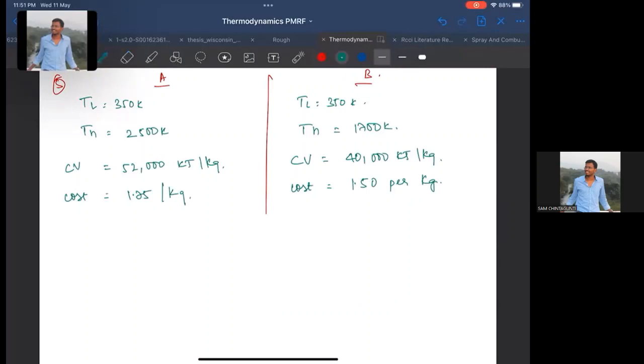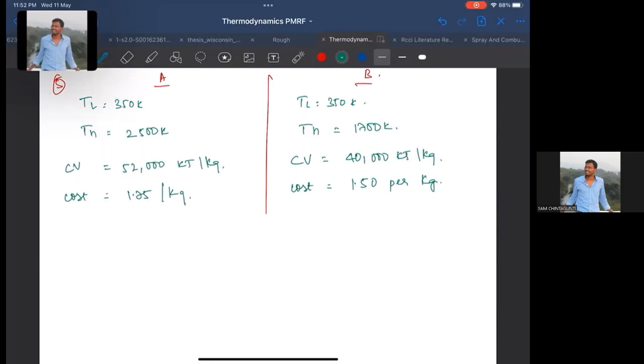All right. In the first case, in both cases, let's consider it as a Carnot cycle and find the efficiency, because without that we cannot proceed with this question. And considering both to be Carnot, because this is a comparative study, we can use this kind of analysis, because we are using the same assumptions for both, so it is not a problem.